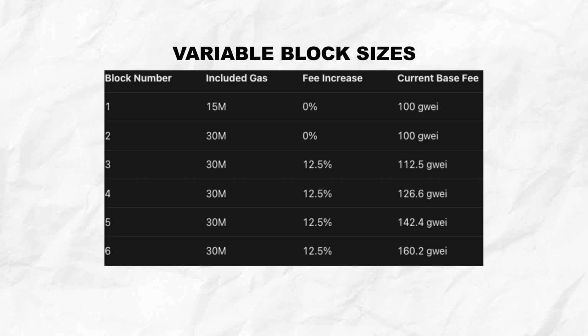If the block gas is greater than the 15 million target, the base fee for the next block is increased. Similarly, if the block gas is smaller than the 15 million target, the base fee for the next block is decreased. The base fee is increased by a maximum of 12.5% per block if the target of 15 million gas is exceeded.